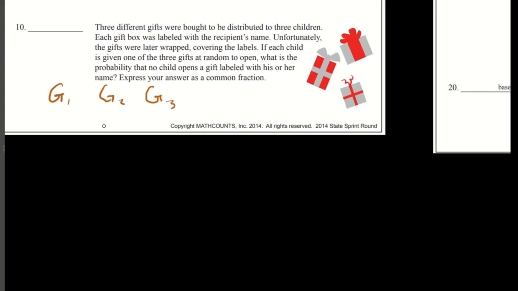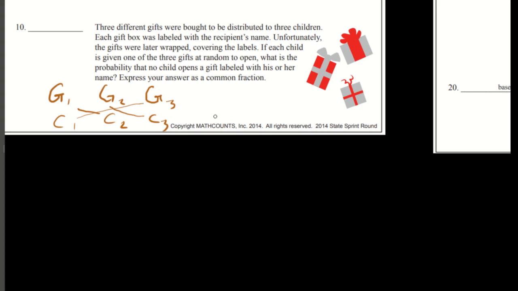And then you've got child 1, child 2, and child 3, and they're going to get connected. Like maybe child 1 will open gift 2, maybe child 2 will open gift 1, and maybe child 3 will open gift 3. For example, that's one possibility. But there are lots of possibilities. They want to know what the probability is that no child opens a gift labeled with his or her name.